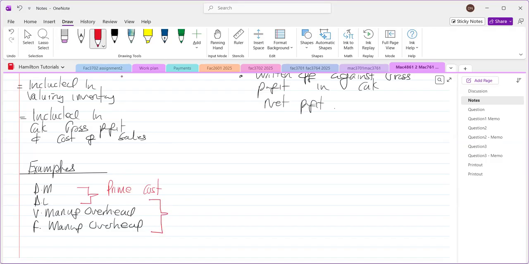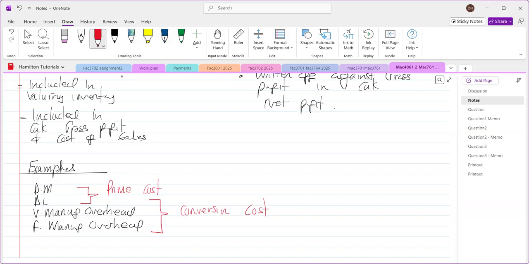Then we have the term conversion costs. Conversion cost is direct labor plus overheads, both variable and fixed. It gives you a conversion cost.